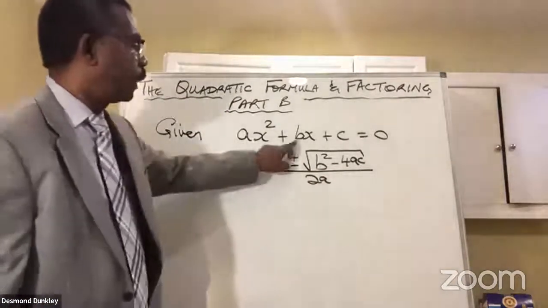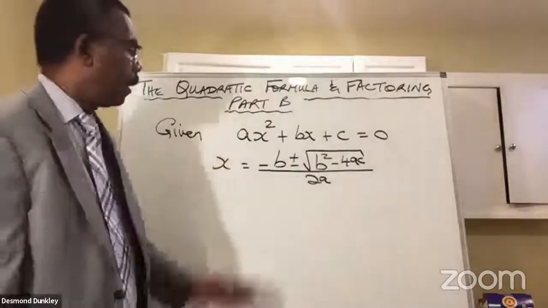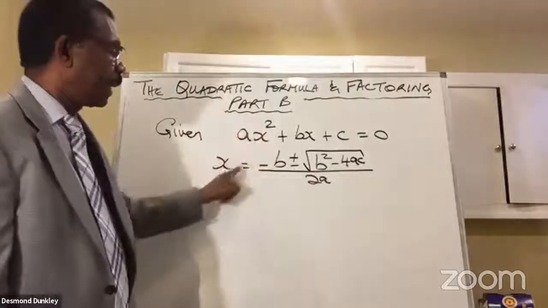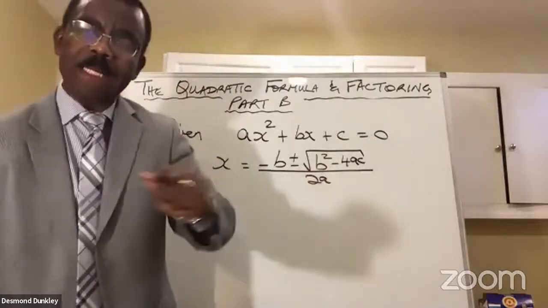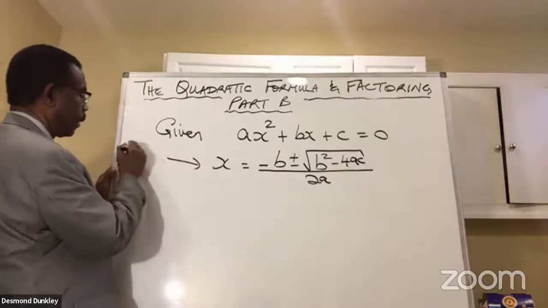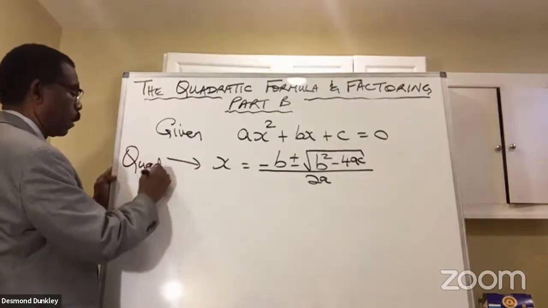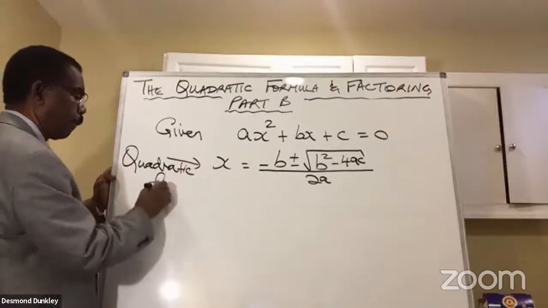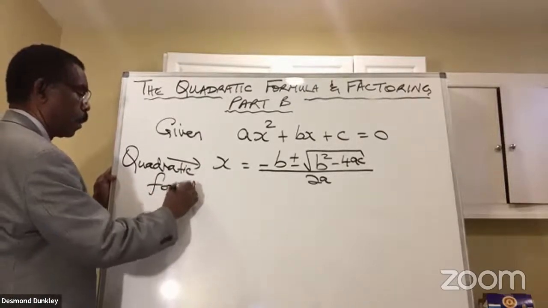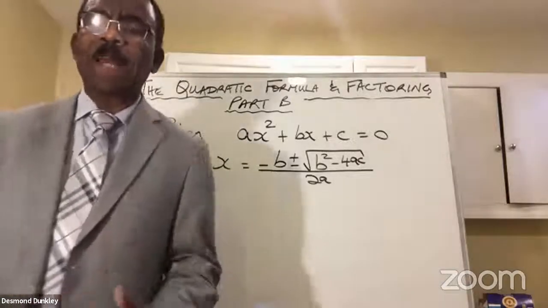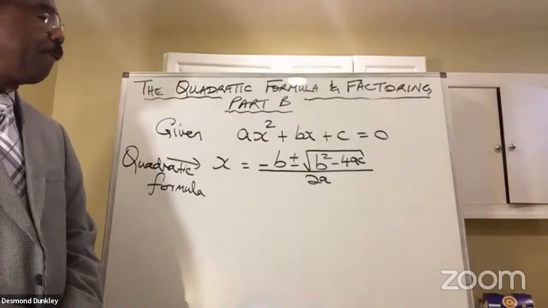It's taking the coefficients a, b, and c, plugging them into this formula, and these will give you the values for x. And as you get into advanced math, you must know the quadratic formula.